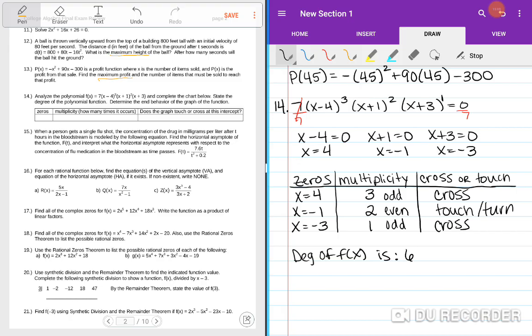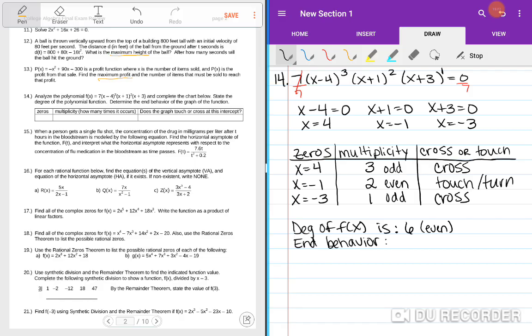And it says determine the end behavior of the graph of the function. So the end behavior. The degree here is even, which means my ends are going to go in the same direction.